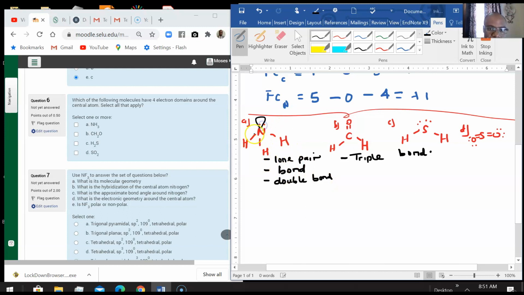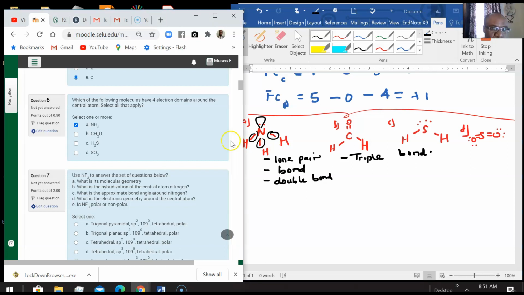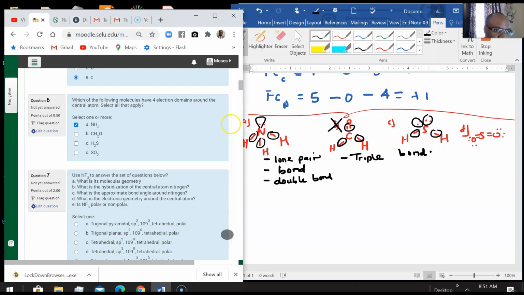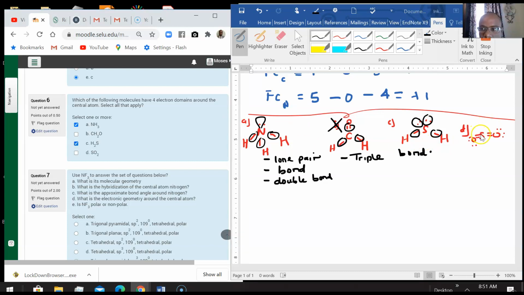So around this nitrogen are 4 electron domains. So that's one of them. On the formaldehyde, I only have 3 electron domains. So that's not it. On the dihydrogen sulfide, I have 4 electron domains. Okay, that's one of them. And then around the central atom of sulfur, I have 2 electron domains. That's out. So the answer is A and C only.